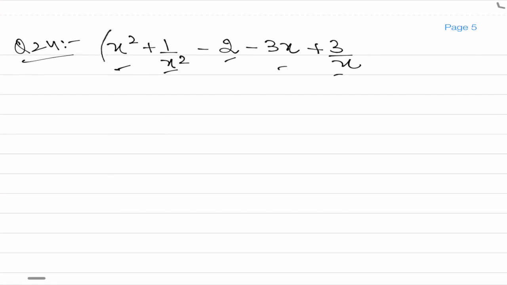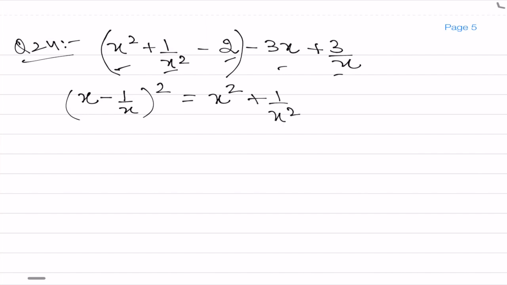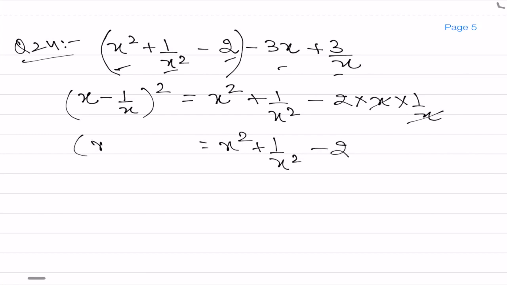First, I'll take the 3 terms together and the last 2 terms. If we see it carefully, this becomes the formula (x minus 1 by x) whole square, because (a minus b) whole square has the same form: x square plus 1 by x square minus 2 into x into 1 by x. So we replace the first 3 terms with (x minus 1 by x) whole square.